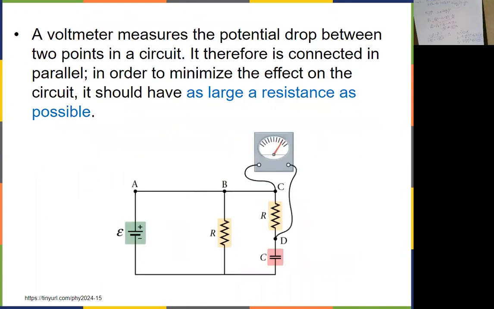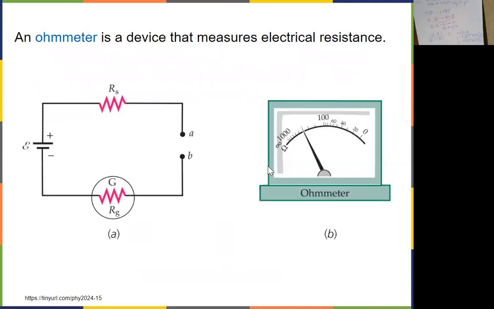When you are using a voltmeter, you are measuring the voltage across a resistor. In that sense, you want the voltage to be as close as it should be. The voltmeter actually has very large resistance.